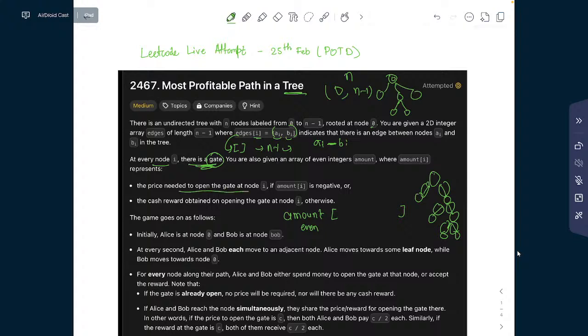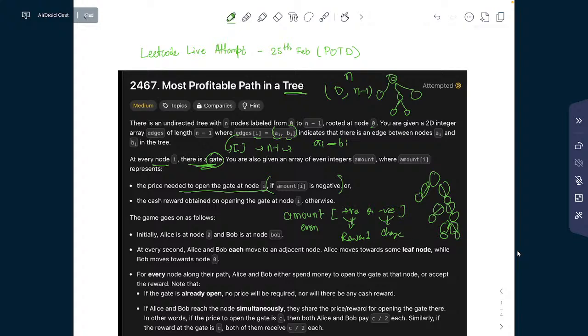Price needed to open the gate at node i if amount[i] is negative, or the cash reward obtained on opening the gate at node i otherwise. So this can have positive or negative values. A positive value means reward, and negative means you have to pay a charge, right?